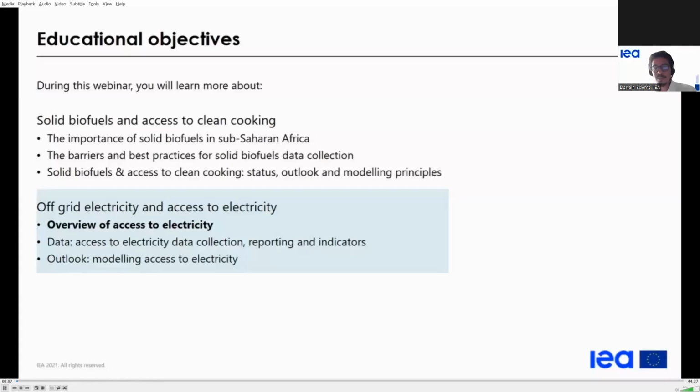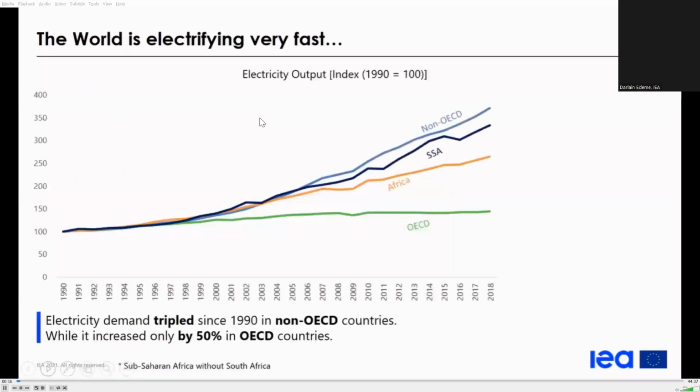A review of electricity access, then discussing data, and last discussing modeling. So the world has been electrifying very fast, and you can see on this figure, starting at the year 1990, that in all regions, electricity output has increased, even more in non-OECD countries and regions like Sub-Saharan Africa.